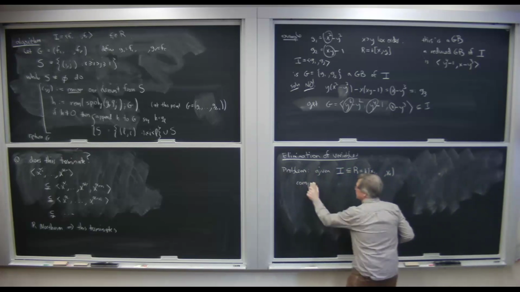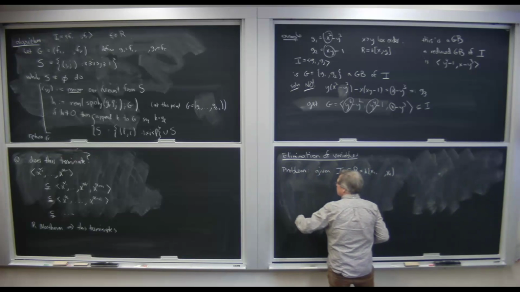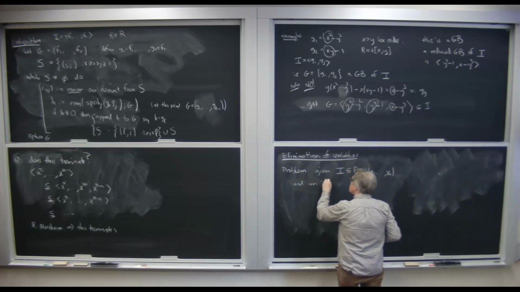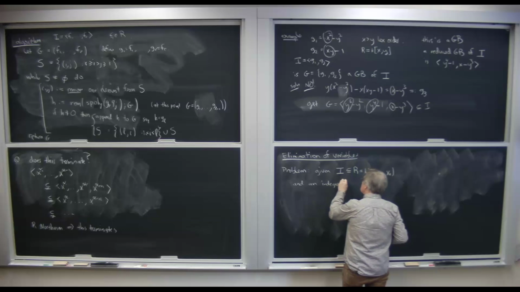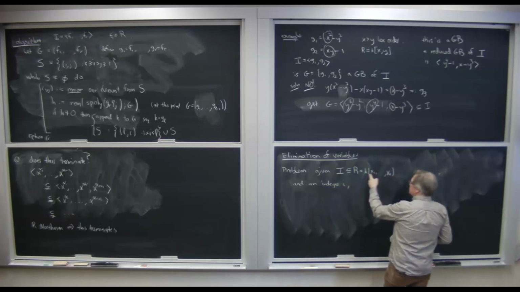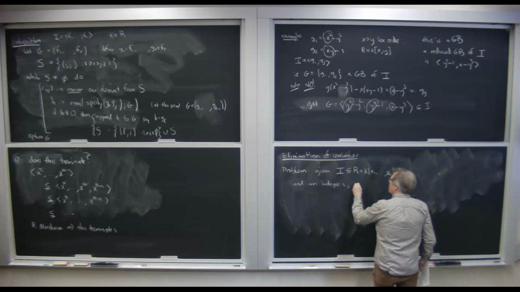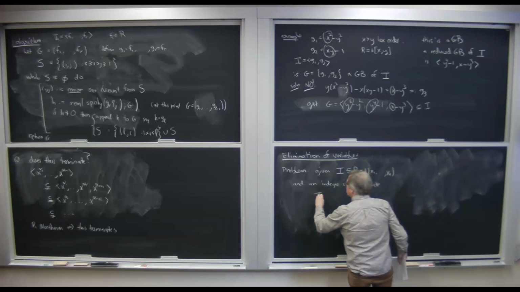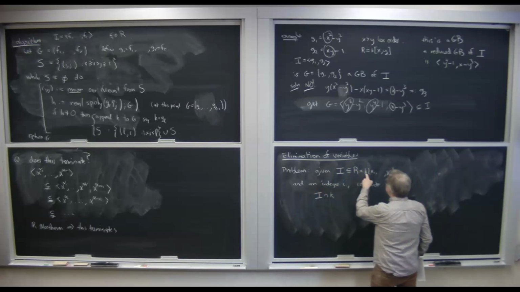So let's say it differently. Given an ideal I and an integer i, which is going to be in the range 1 to n, I want to compute I intersect k[x_{i+1}, ..., x_n]. I want to eliminate.